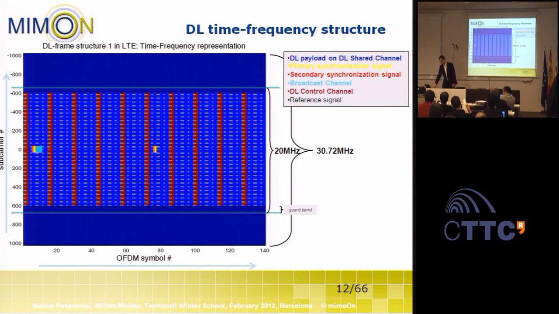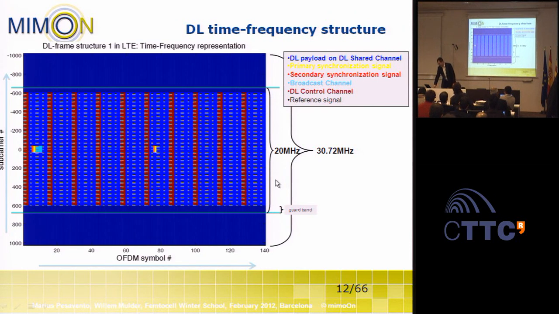Okay. So we see that since we are sampling at 30.72 megahertz, we are actually occupying more than 20 megahertz.